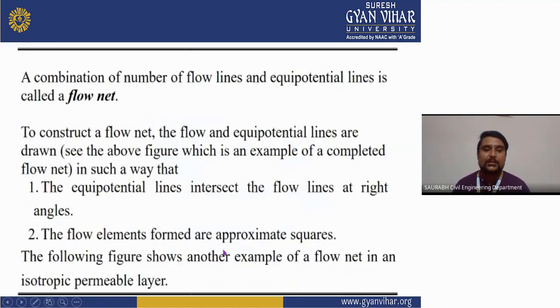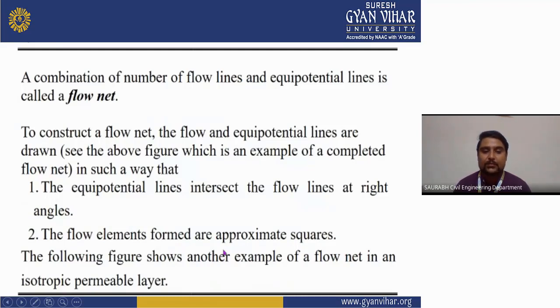The combination of a number of flow lines and equipotential lines is called a flow net. To construct a flow net, the equipotential lines are drawn. As you can see in the above figure, the equipotential lines intersect the flow lines at right angles. The flow elements formed are approximately squares.